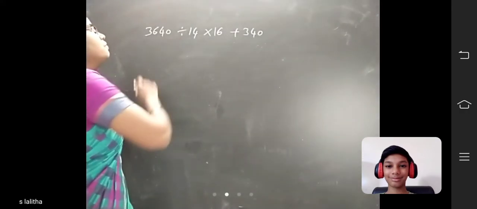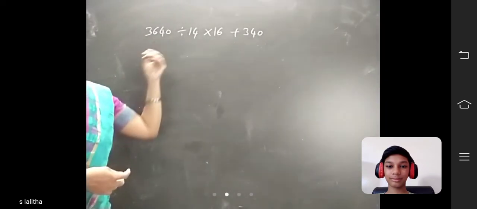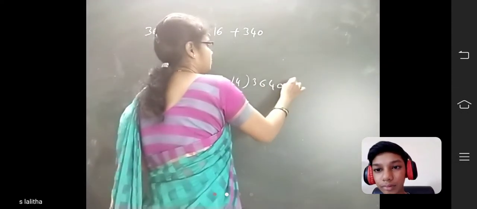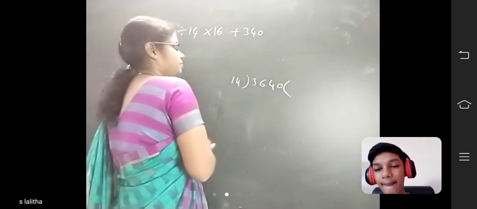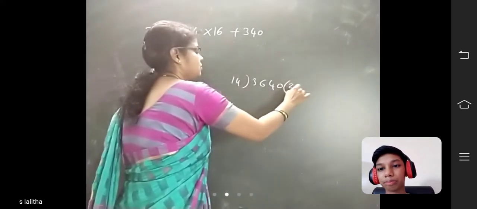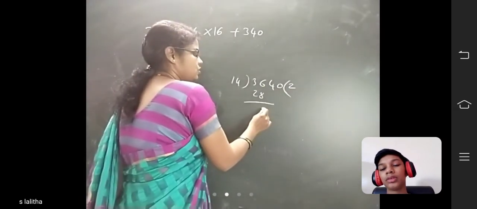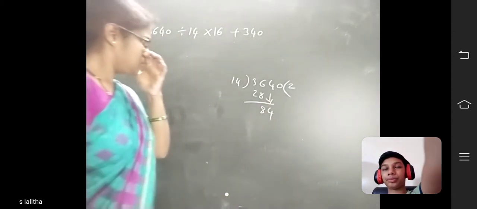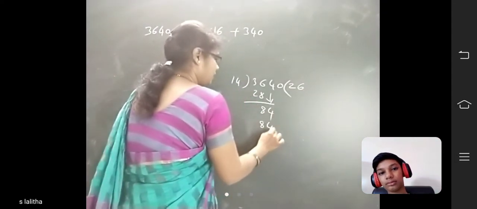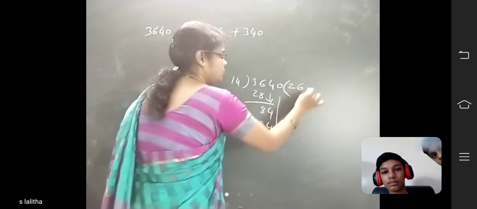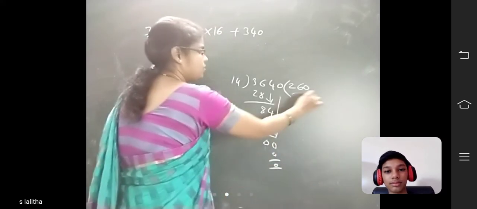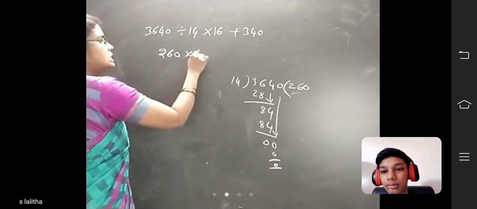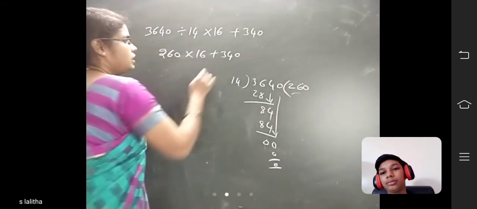So how much is the answer? 3640 divided by 14, in the 14 table, 14 twos are 28. 36 minus 28 is 8. Bring down 4. How many times? 6 times. 84, 0. Bring down 0, 0 times. So what is the quotient? 260. So 260 into 16 plus 340.